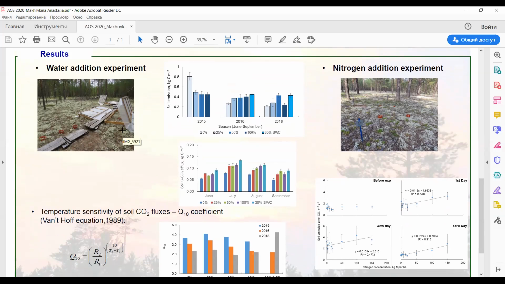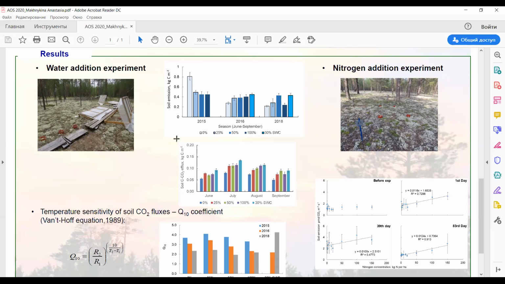And what we found, these experiments held three seasons, 2015, 16, and 18. And we found different results. Why did we find in the first year the biggest emission in the treatment with zero amount of precipitation?